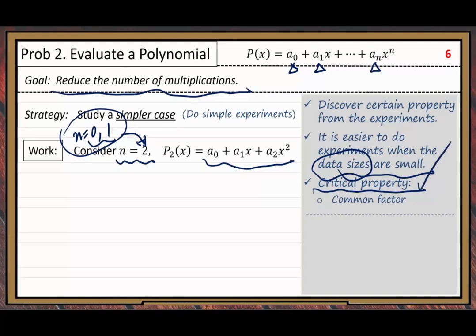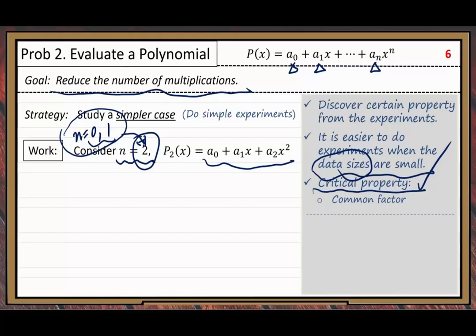Our goal, we want to discover some critical property. If the data sizes are too small, then we have no chance to discover the critical property. So for that reason, we consider n equals 2, so we have a chance to discover some critical property. So let's try it.